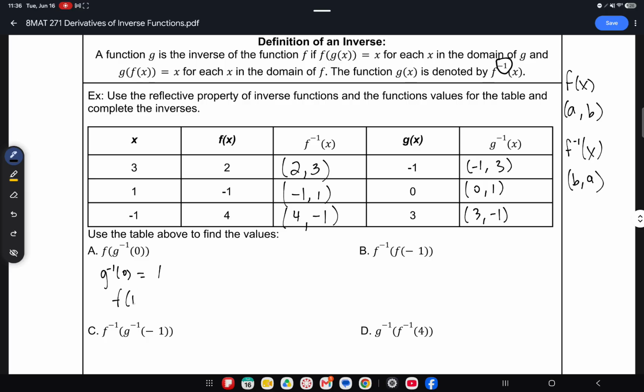And now I'll do f of 1, which is -1. Then we can do the same thing for the next: do the inside first, f of -1, which is 4. And then we can do the inverse at 4. So inverse, and the input is 4, so the output is -1.